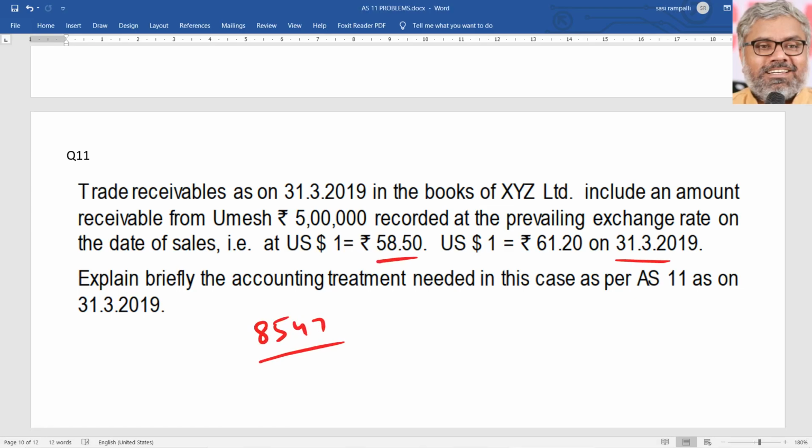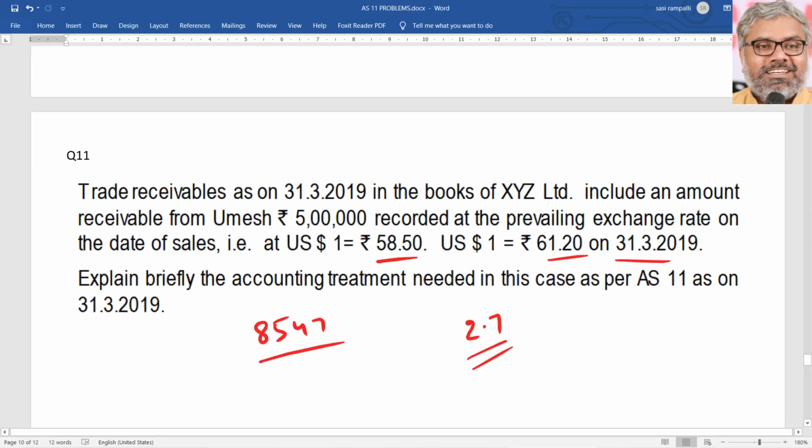Now on 31st March, US dollar is 61.2. So 61.2 minus 58.5, dollar has appreciated once again. Rupee has depreciated. So 2.7 rupees is there. But for this particular case, you have to be careful.